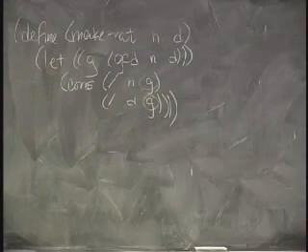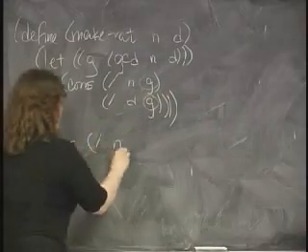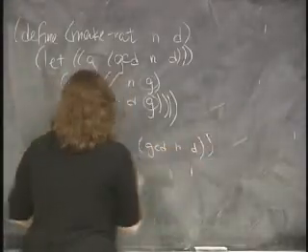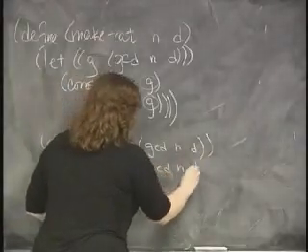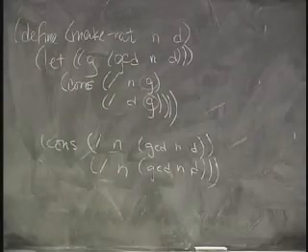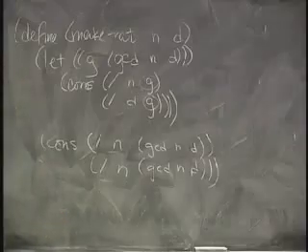If we hadn't had a let, we would have had to write cons of N divided by GCD of N and D, and D divided by GCD of N and D. That's inefficient. You could have just used a define to make G the greatest common divisor of N and D. Sure, we could have used a define, but a let is nicer, more elegant.